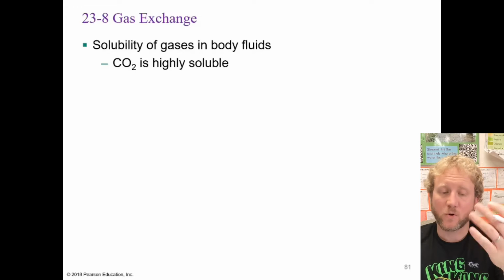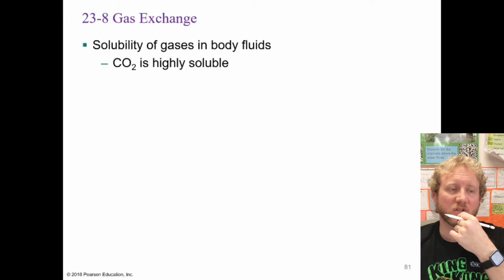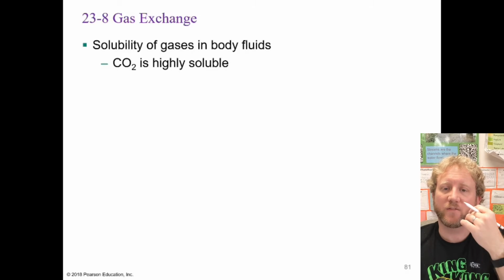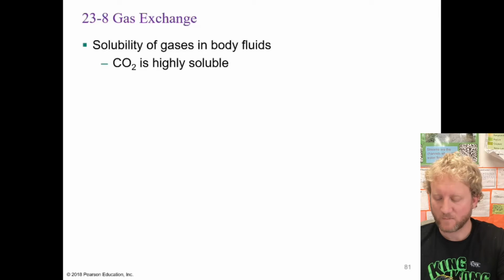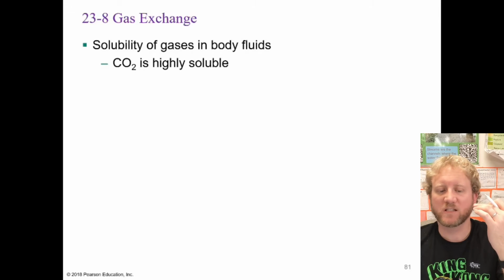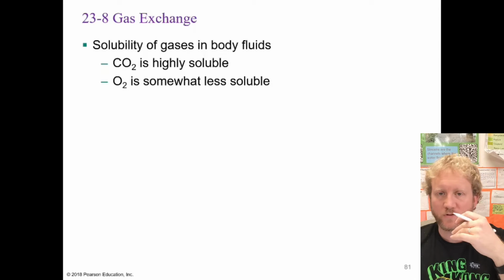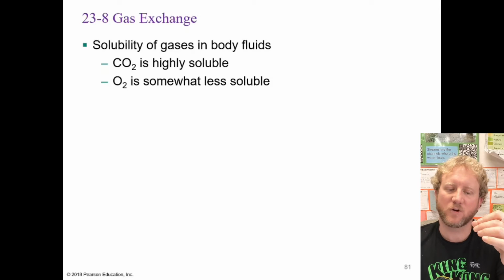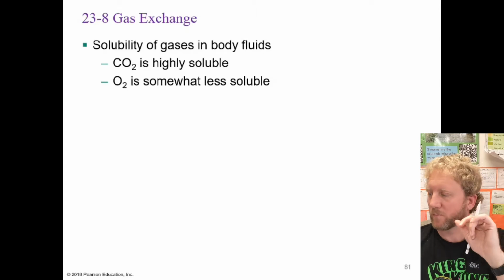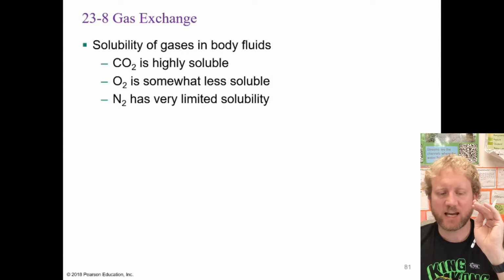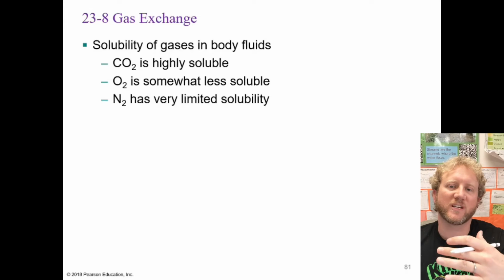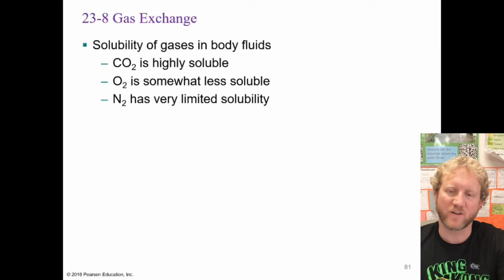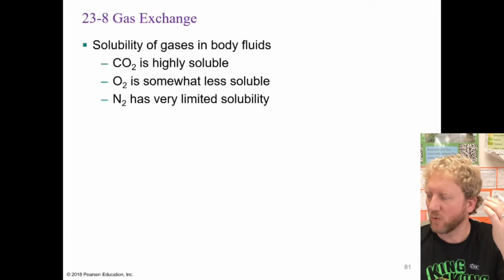Which is good because it dissolves into your blood very readily, even though there's a very low partial pressure in the atmosphere. O2 is somewhat less soluble, so it's not as soluble as CO2, but still very soluble. Nitrogen gas has very limited solubility, but you end up with a lot of nitrogen in your blood because the partial pressure of nitrogen is so high.